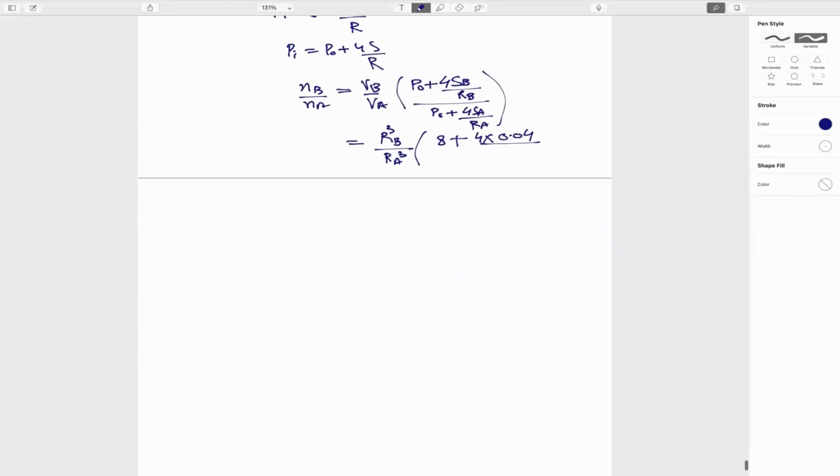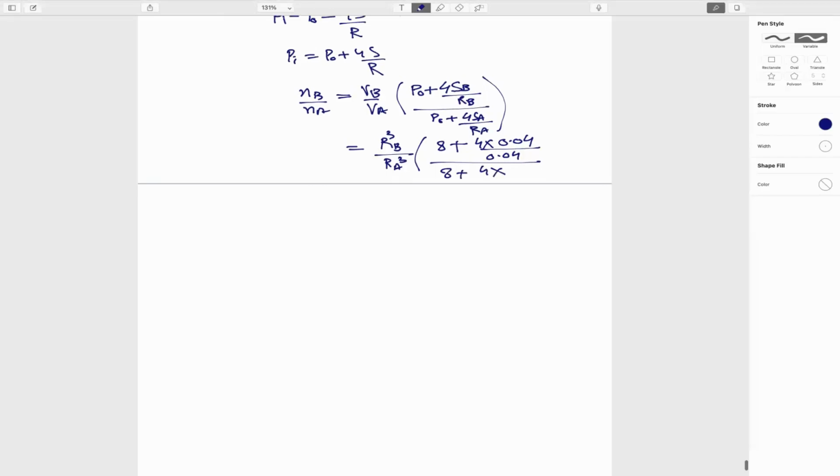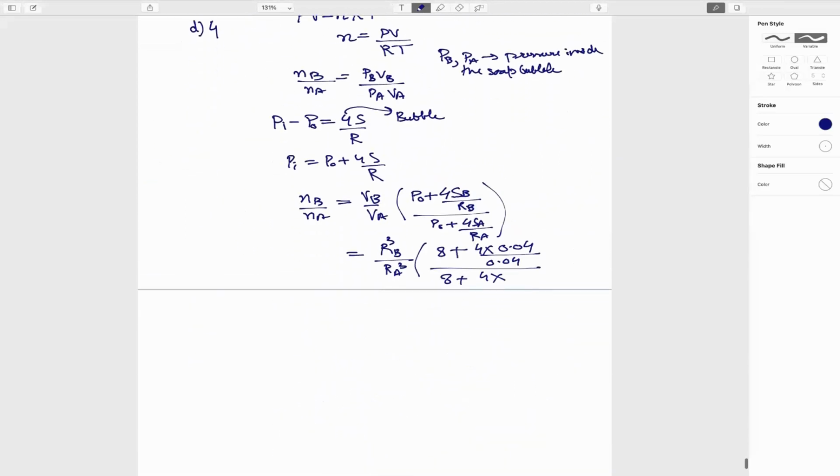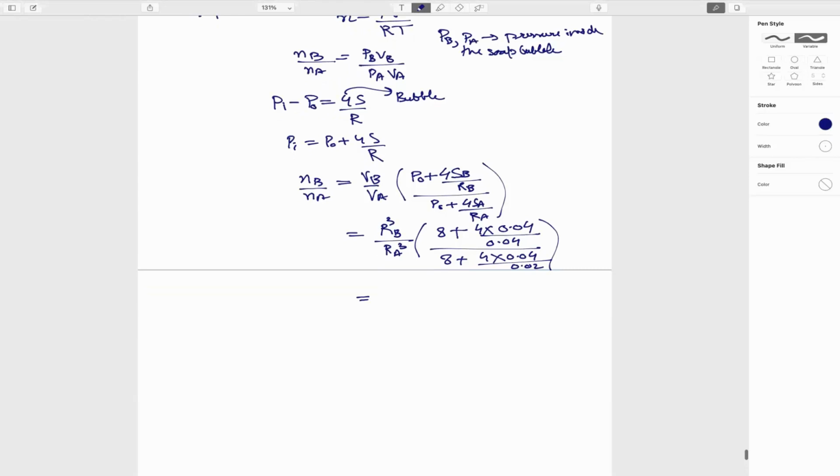So that is 0.04. Now P_A is again 8 plus 4 times the surface tension of A, 0.04, divided by 0.02. The surface tension is the same, but the radius is different, 0.02.